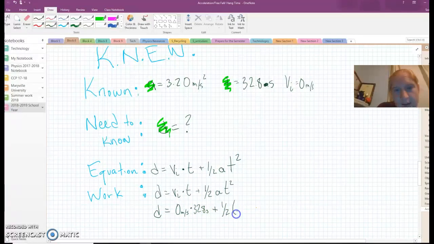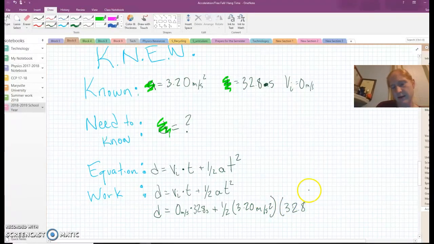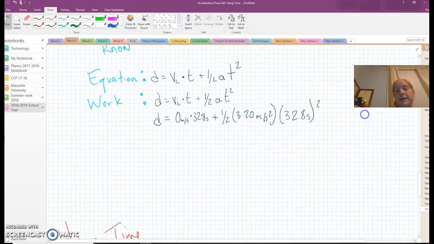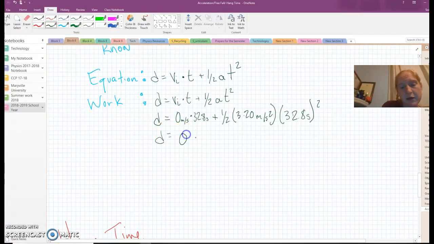There it is. Times 3.20 meters per second squared times 32.8 seconds squared. Now I would expect that you show every line of work after this.